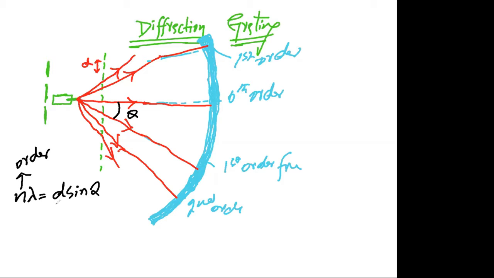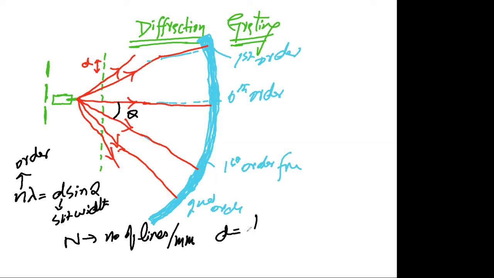D is the slit width. In the question, you will be given an n value, where n is the number of lines per millimeter, and your d will be equal to 1 divided by n.